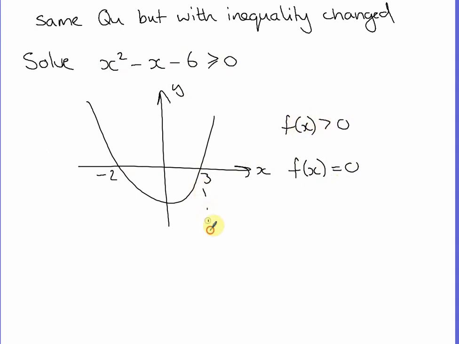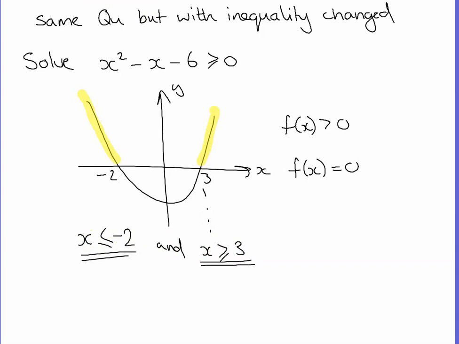So if we look at this one, we can say x is greater than or equal to 3, because we're looking at these values here, and we're also looking at these values here, so we can say all the values less than or equal to -2. So we have two answers there.